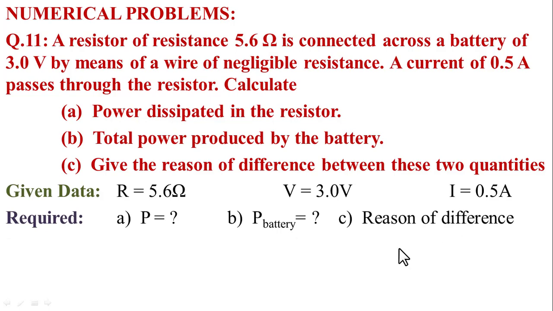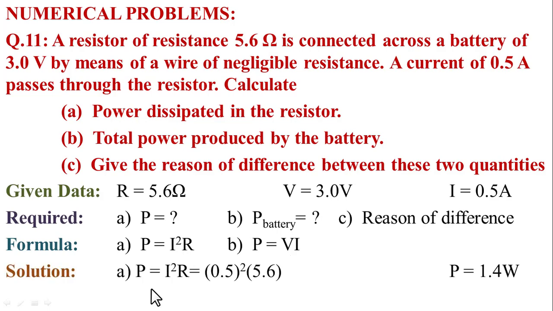Now in A part we can use the formula P is equal to I square R, and in B part we can use the formula power P is equal to IV, and we can calculate the solution. In A, P is equal to I square R, putting the values 0.5 squared multiplied by 5.6. So the power in the resistor, P is equal to 1.4 watt. Similarly, we can calculate the B part.